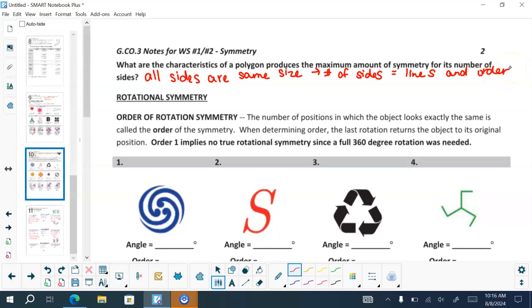A word for these types of polygons would be called regular polygons. So if a shape is ever considered regular, or if they tell you that a shape is regular, they're telling you then that all the sides are going to be the same length.